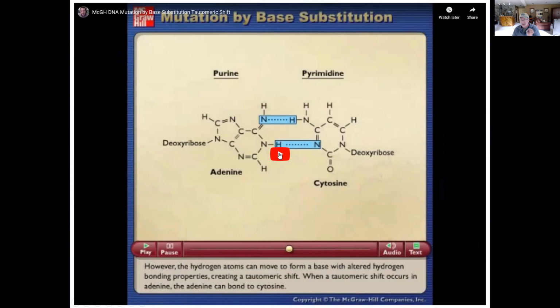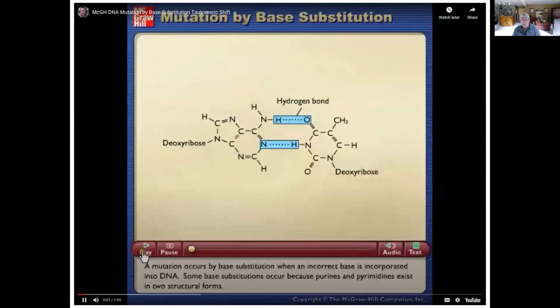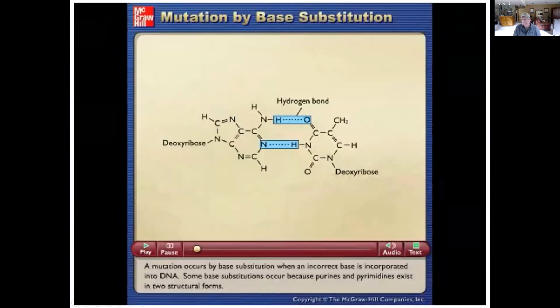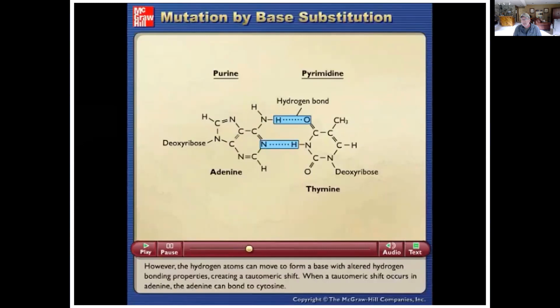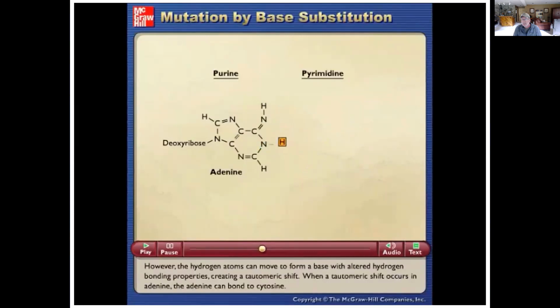There are different kinds of mutations. A mutation occurs by base substitution when an incorrect base is incorporated into DNA. Some base substitutions occur because purines and pyrimidines exist in two structural forms. The most common form results in base pairing between adenine and thymine and between guanine and cytosine. However, the hydrogen atoms can move to form a base with altered hydrogen bonding properties, creating a tautomeric shift.